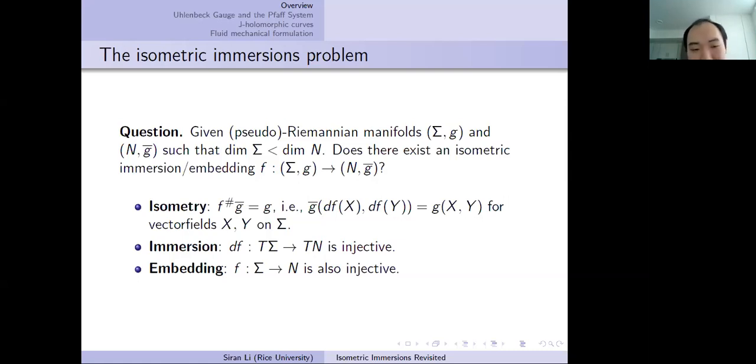In the classical setting, this is the condition of isometry. By an immersion, it means the differential of f is injective, and by embedding, it means that furthermore the map f is also injective. So this is a rather simply formulated problem.